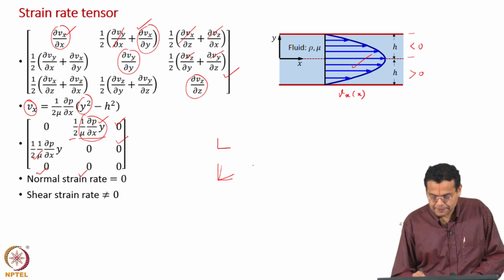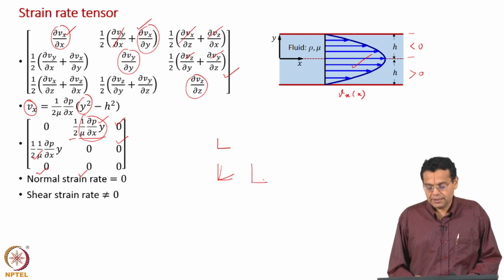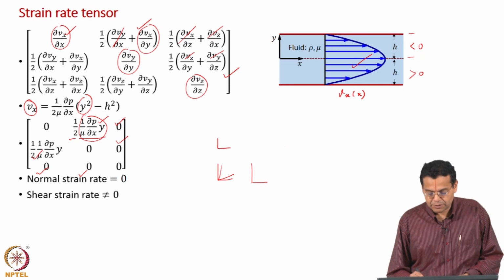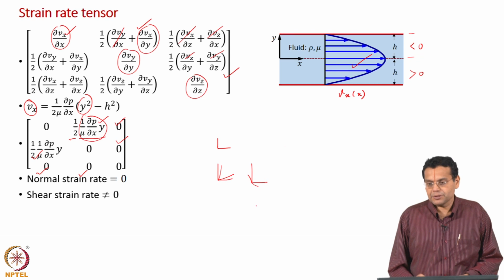Above the central line, if you once again consider two line elements at some time t, and sometime later t plus delta t, there is an increase in angle between them. So it becomes, let us say, obtuse, and they go away from each other.